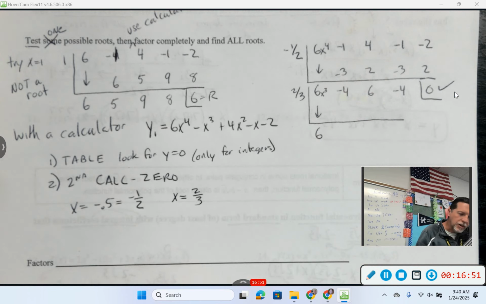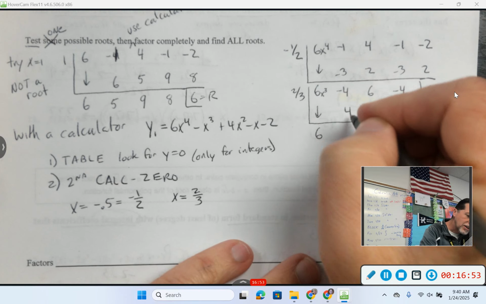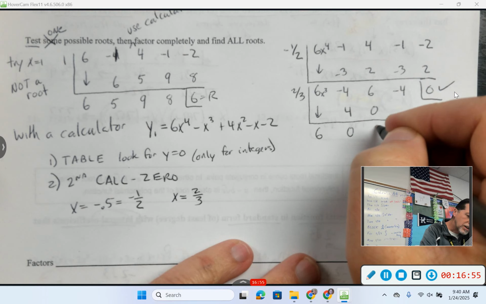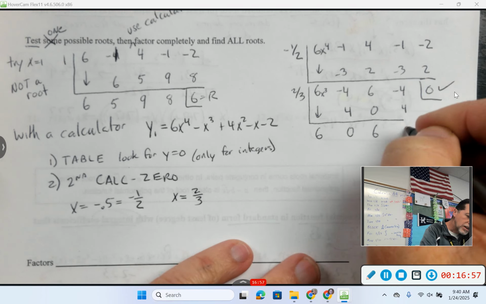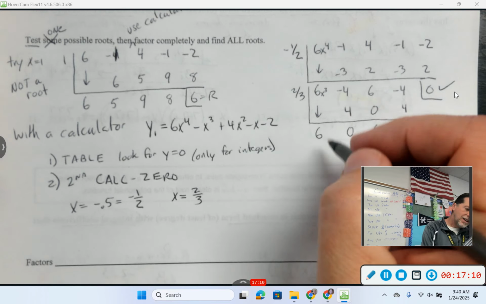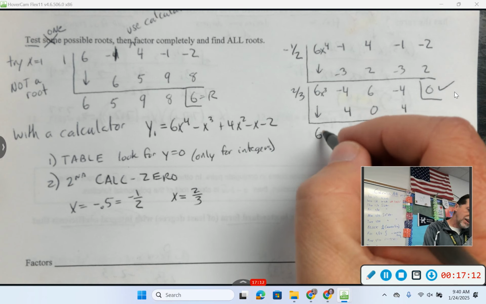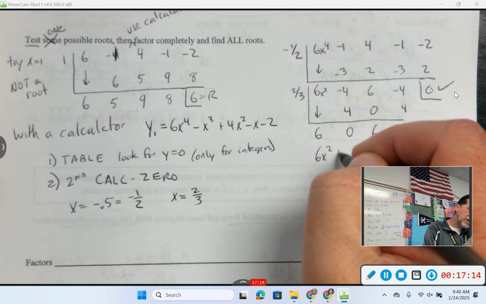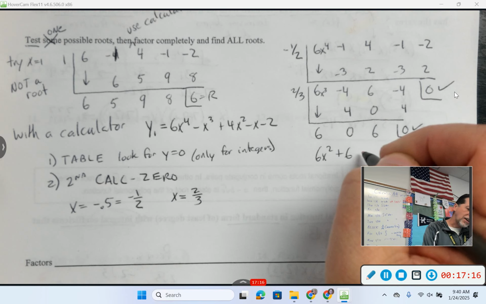And we should get 0 again for our answer. Okay, so we confirmed that 2/3 worked, but that's not really why we did that. The reason we did that is now we've got 6x squared plus 6 as a factor.